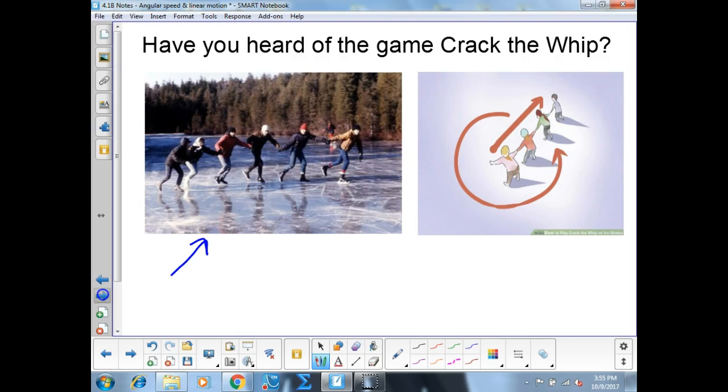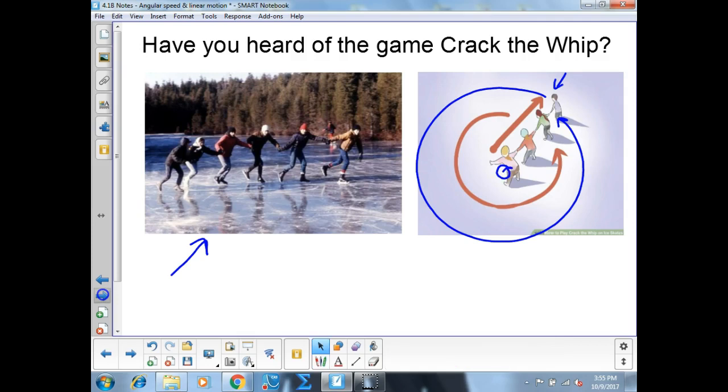I actually used to play this game when I was young, growing up in northern Minnesota on the outdoor rinks. Whoever's on the end is just zipping around to keep up, whereas the person in the middle is just going around a little bit.